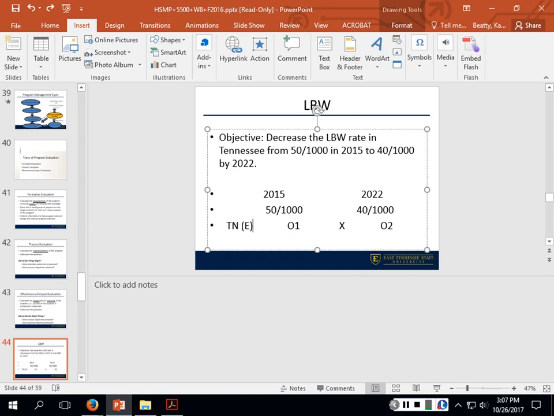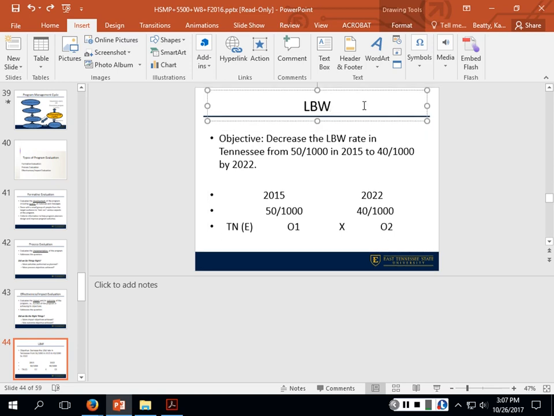Okay? This design, folks, where you just have your experimental group, meaning the group that's receiving the intervention, and you collect 2 data points before and after the intervention X. This design is known as the one group pre-test, post-test. Okay? One group, again, because we're only including our intervention or experimental group in the study.